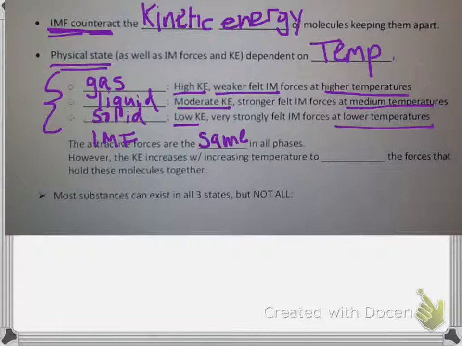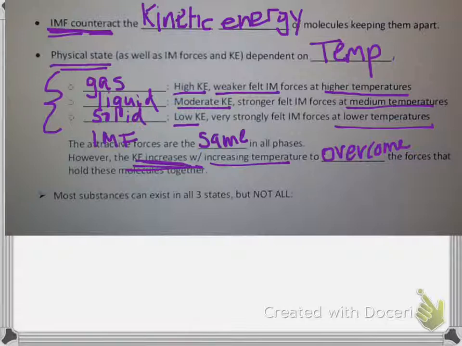However, because of the increasing temperature, you have higher moving, higher kinetic energy particles, and the higher the kinetic energy, the more temperature you have to overcome the forces that hold those particles together. So kinetic energy overcomes the innate forces of attraction between the particles.